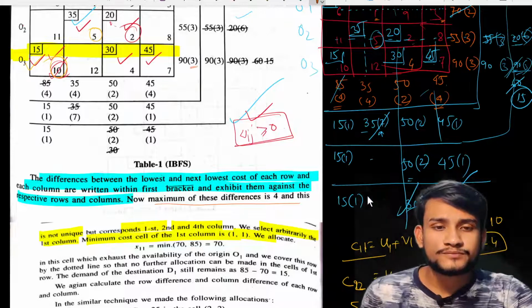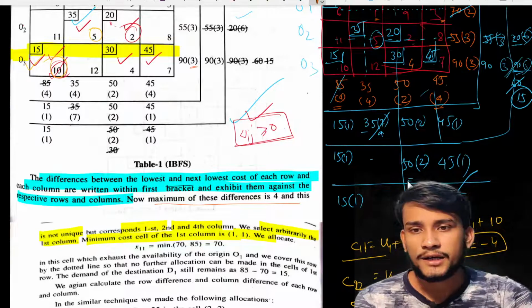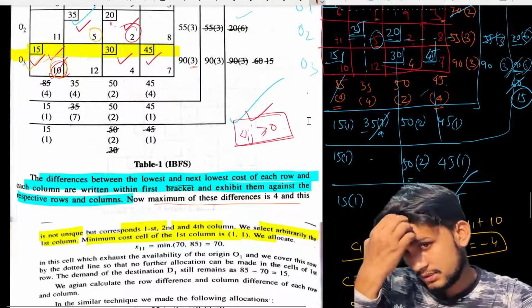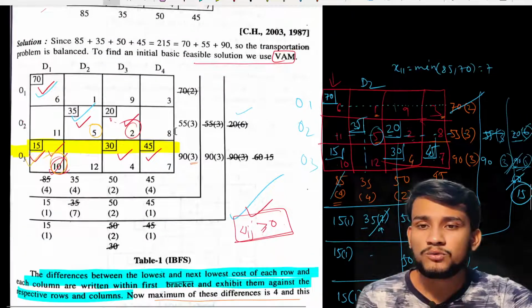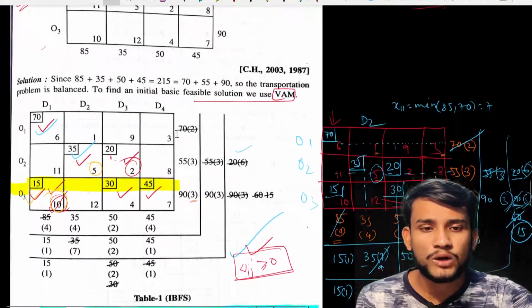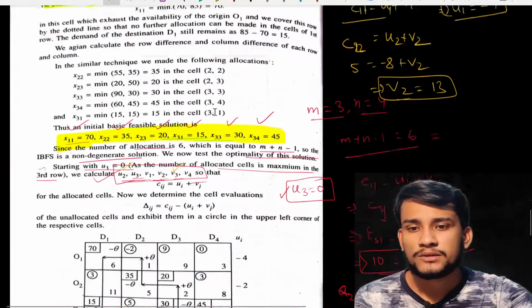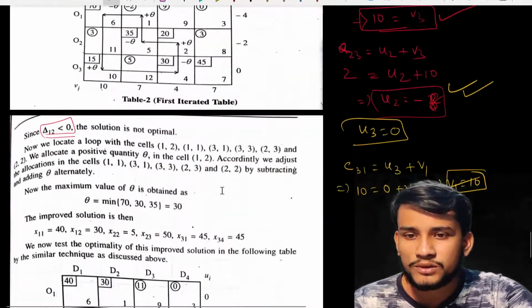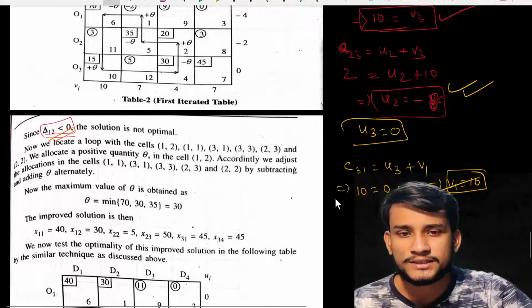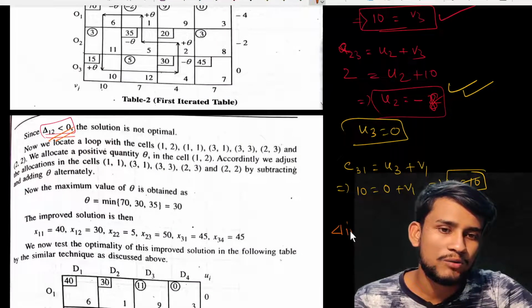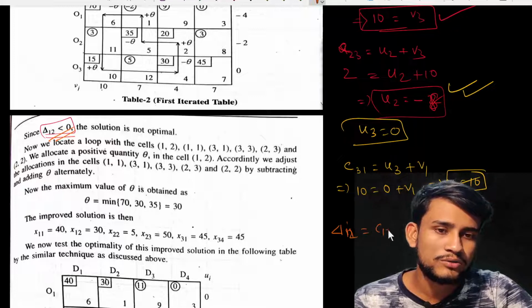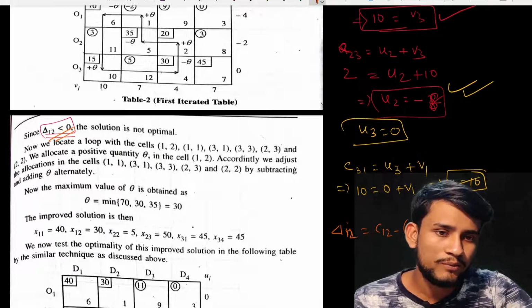Now we have to find delta 12, which equals c12 minus (u1 plus v2).